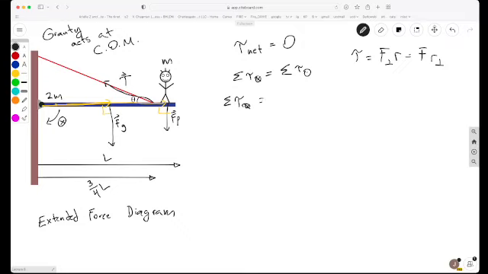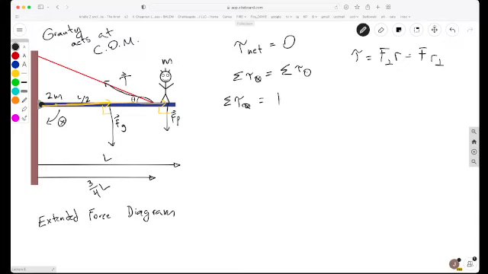So for gravity, it's just going to be Fg times its distance from the axis of rotation, which is L over 2, because if gravity acts at the center of mass and the length of this plank is L, then the center is just going to be at L over 2. So this distance here for this arrow is L over 2.